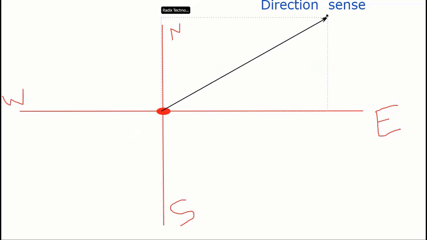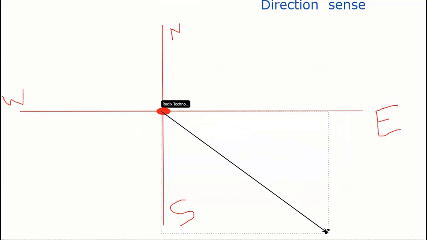If I take a 135-degree turn, this is exactly the middle of north and east. 135-degree clockwise. 135 means this is 90 plus 45, exactly south.